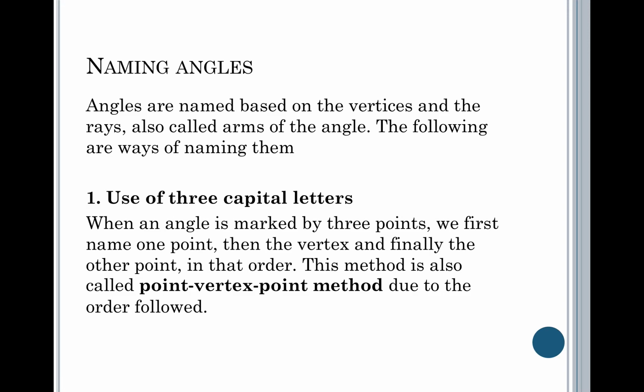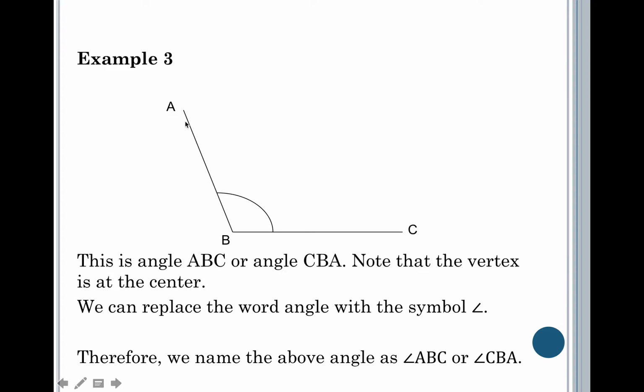So the point, vertex, point method is when you have a point and a vertex and another point. For instance, with this one, this is the angle ABC, or CBA, using the point, vertex, point method.